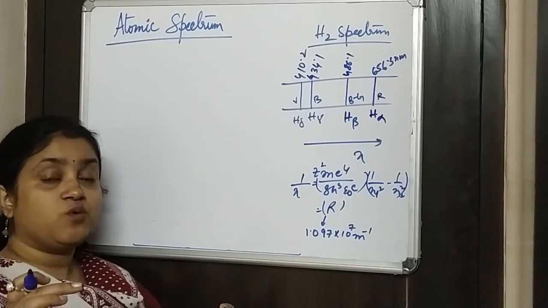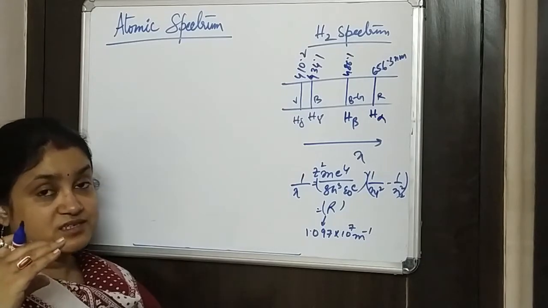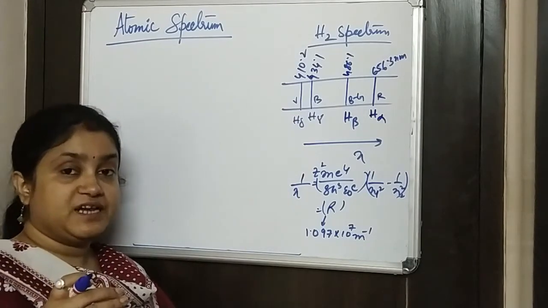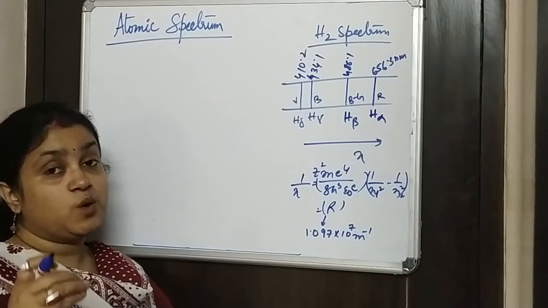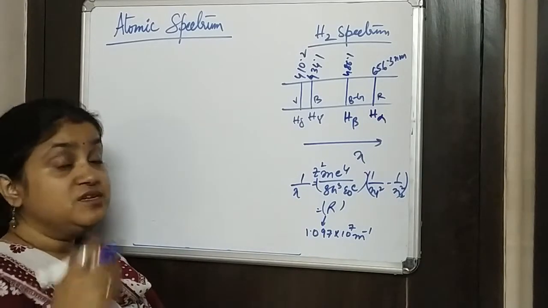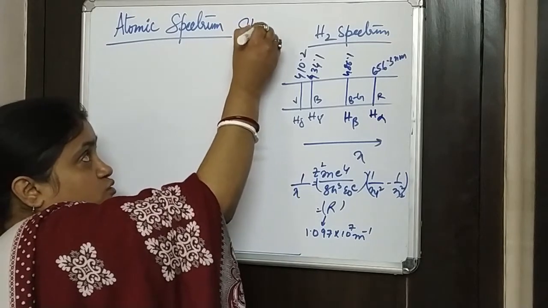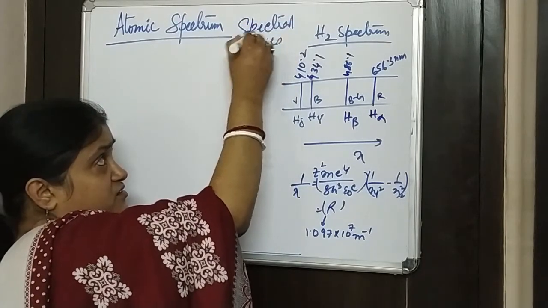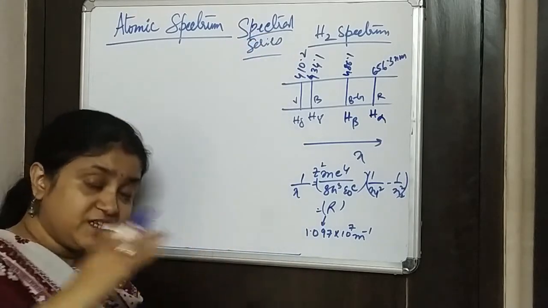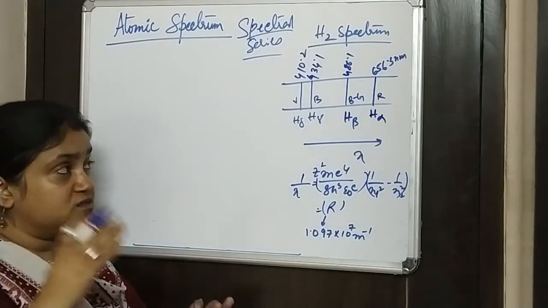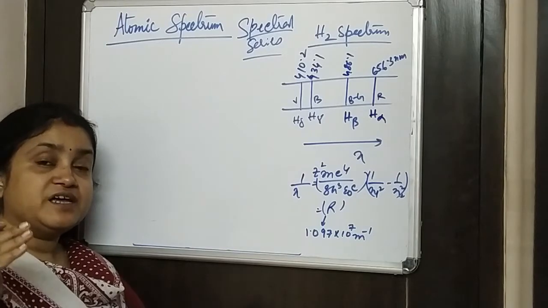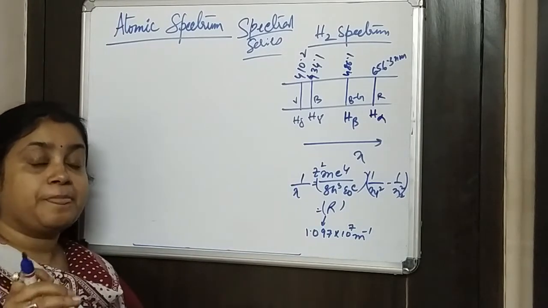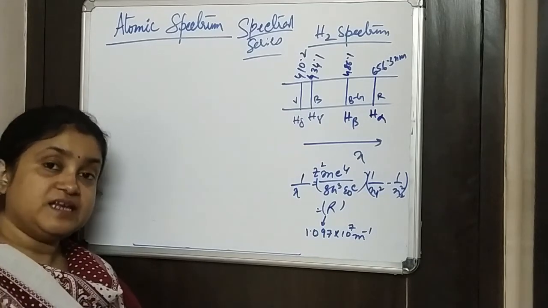There is a set of lines that is the very signature of the particular element, and we call it the spectral series. So spectral series are the set of spectral lines that we see as a signature spectrum for various elements, right?